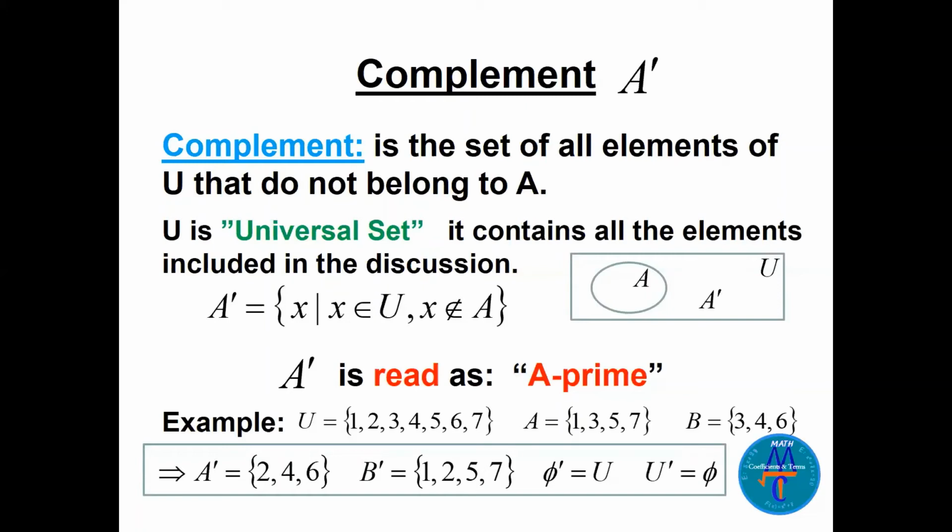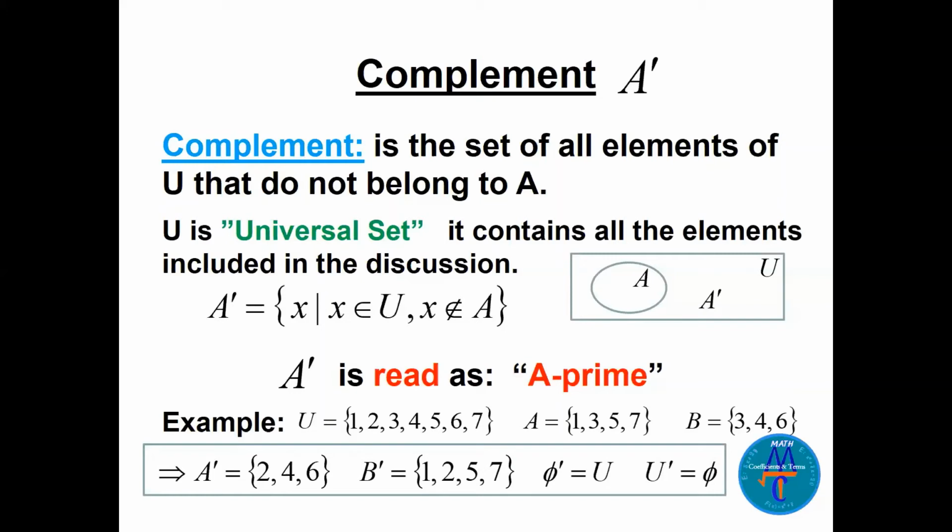Complement is the set of all elements of U that do not belong to A. We call U the universal set. Universal set means it contains all the elements included in the discussion, in the question. So every question we can give you U. So this is like the big set.